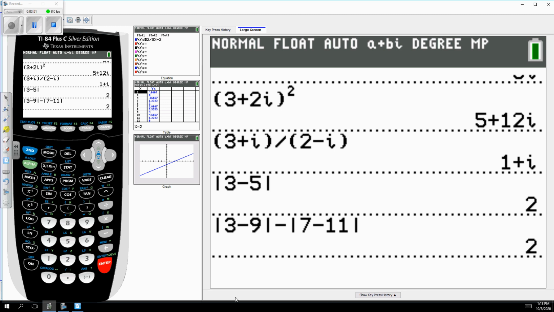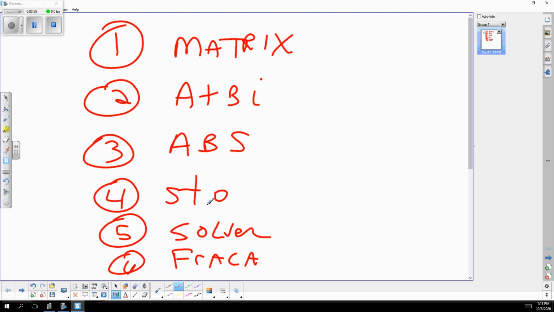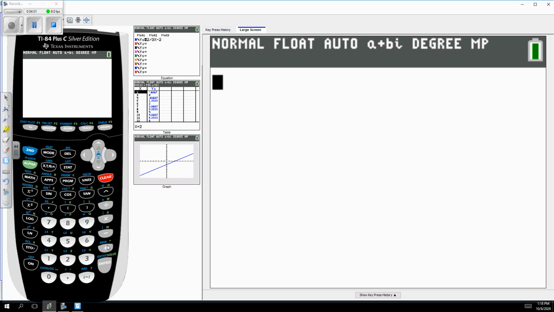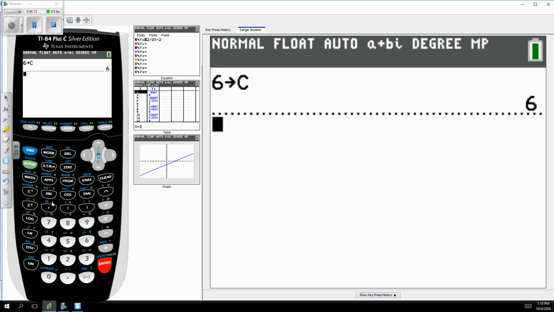Okay. Number 4, plugging in or stowing. When you plug in or stow, you hit a number first. So let's do 6. Then you hit stow, and then you hit any letter you want, like alpha C. When you hit enter, guess what the calculator thinks?